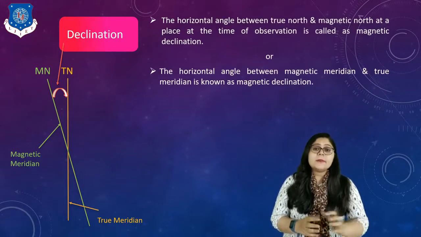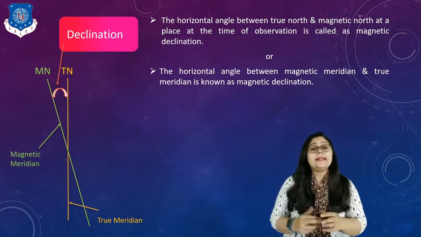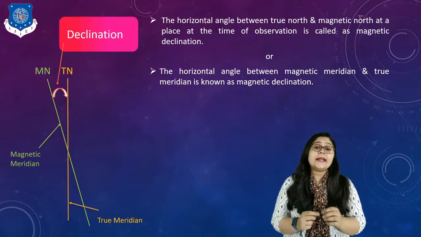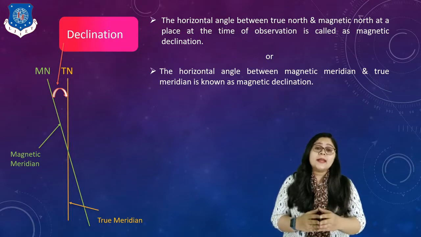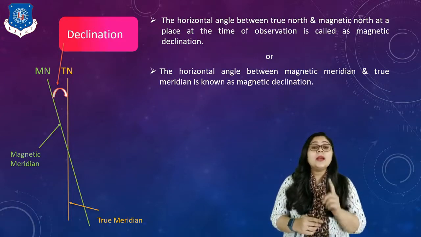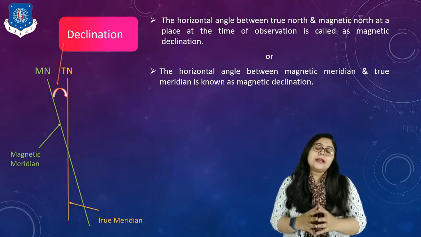In simple words, the horizontal angle between the true north and the magnetic north at the place at the time of observation is called the magnetic declination, or in other words, the horizontal angle between the magnetic meridian and the true meridian is known as the magnetic declination.